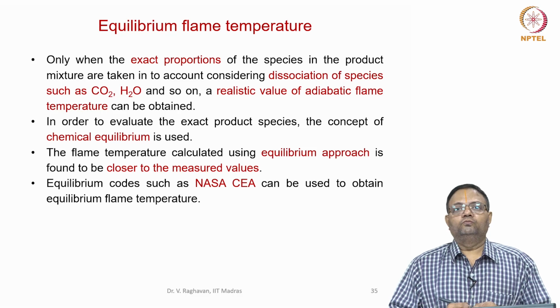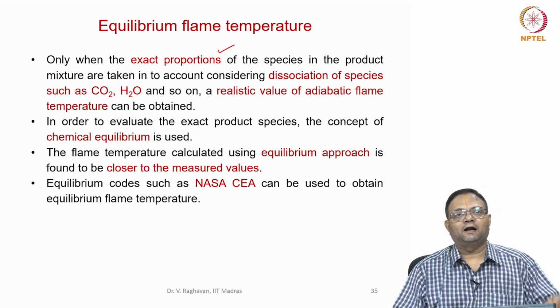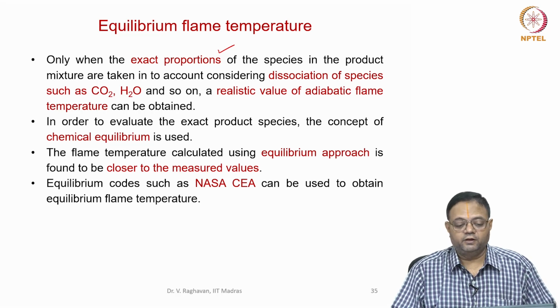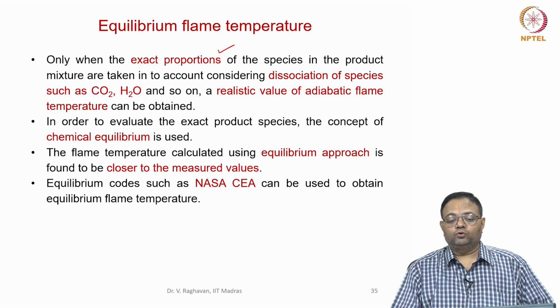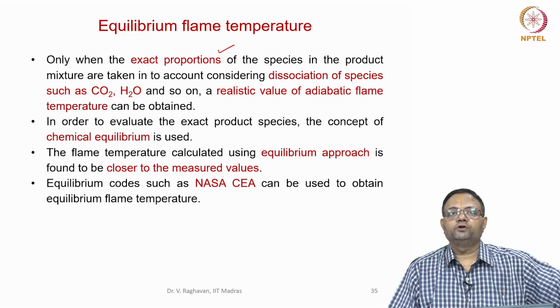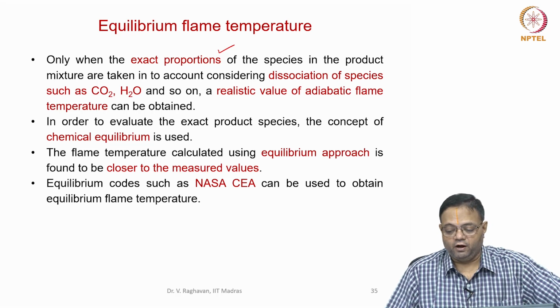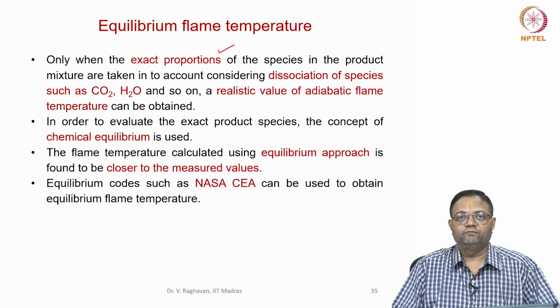So now what is the problem? First of all, I need to get the exact proportions of the species in the product mixture, and then I have to take into account the dissociation of CO2, H2, etc. Then I will get the realistic value of the adiabatic flame temperature.